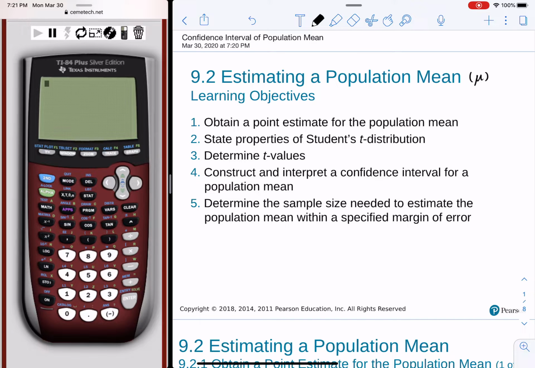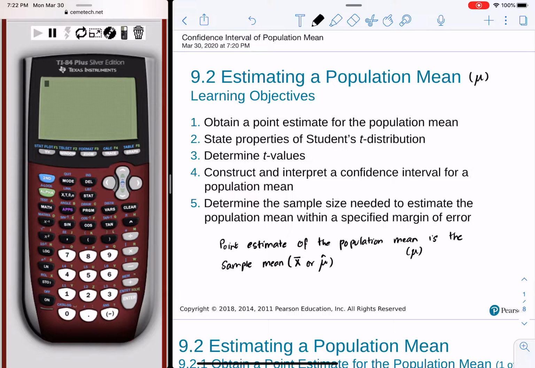So the point estimate of the population mean is the sample mean, which we denote by x bar or mu hat, and the population mean is denoted by mu.